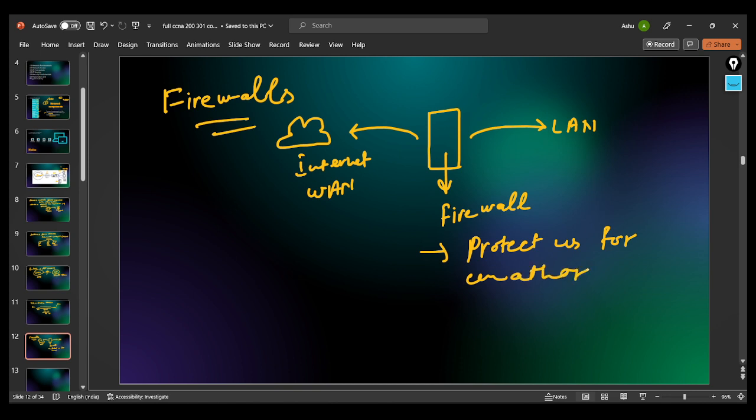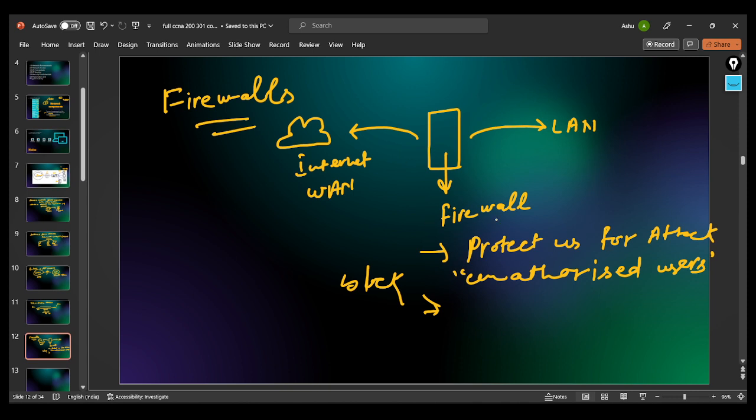Unauthorized users, for attack. Block the unauthorized users. Clear? It blocks the traffic. So this is just like a gatekeeper.